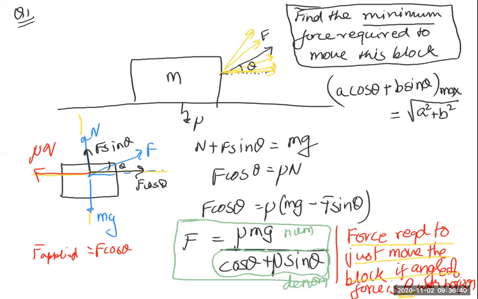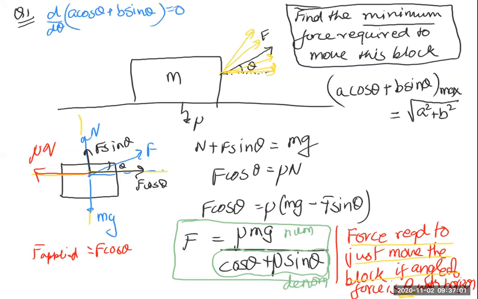If you do not remember, then all you have to do is differentiate with respect to theta and put it equal to 0, right? In fact, let me do it here. So d by d theta of a cos theta plus b sin theta is equal to 0.